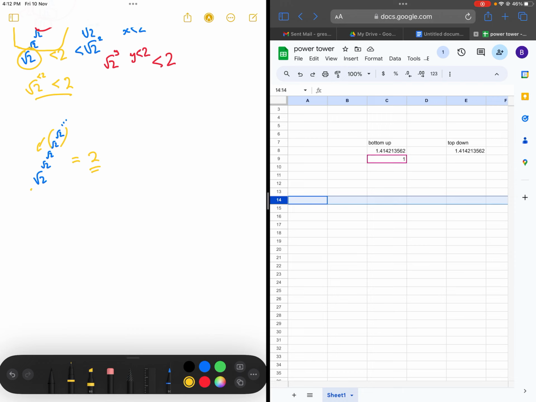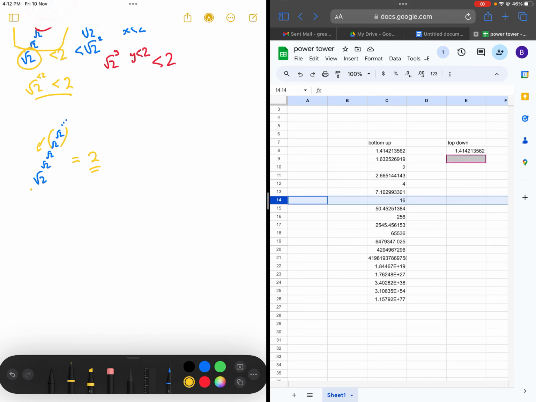So that's root 2 to the power of root 2, which we have as 1.63. And if we keep on moving that down, we will see that that is exactly what we thought, which is exponential as we keep on raising to the power of root 2. This is the bottom up.